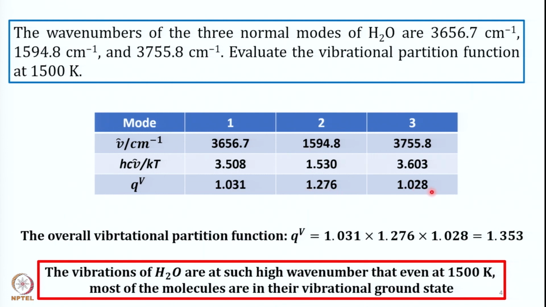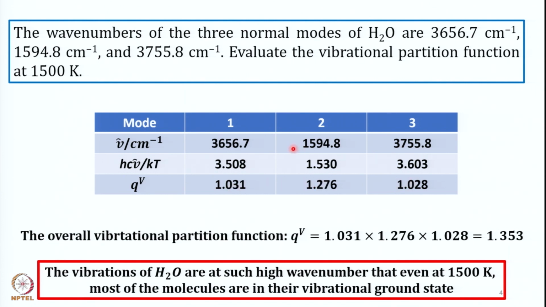The third value, at 3755.8, gives a Qv value of 1.028. What is interesting to note? Look at the table carefully. The highest wave number in this case is number 3, and the corresponding Q, 1.028, is the minimum amongst all three.